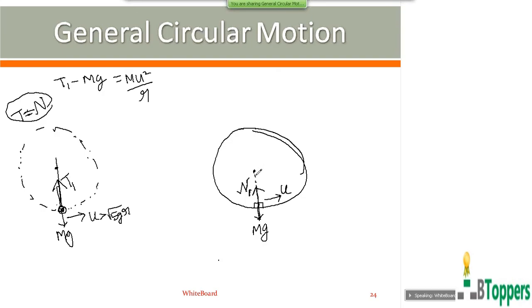Means it acts toward the center of curvature of the circular path. So at the lowest position, the magnitude of centripetal force on the block, we can write as N1 minus mg. According to Newton's second law, that will be equal to the product of mass of the block and magnitude of acceleration towards center. That is equal to mu square by r, where u is the magnitude of velocity at the lowest position.